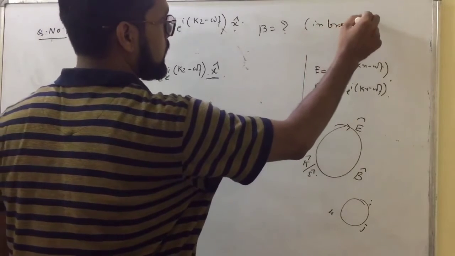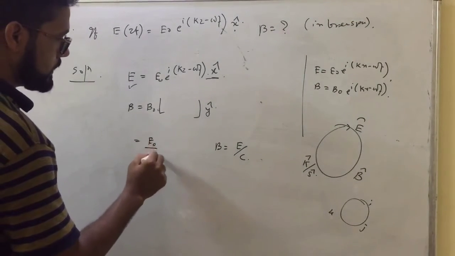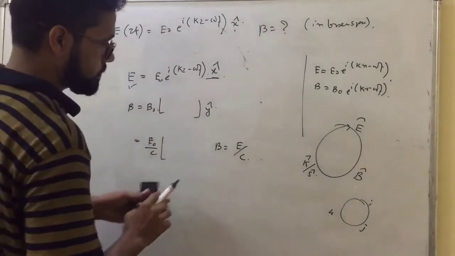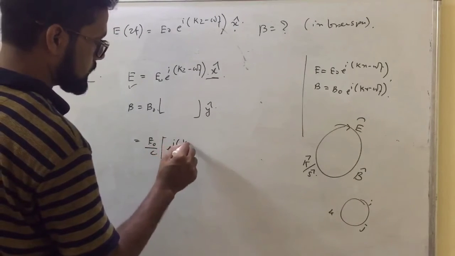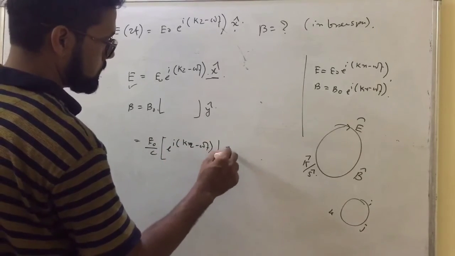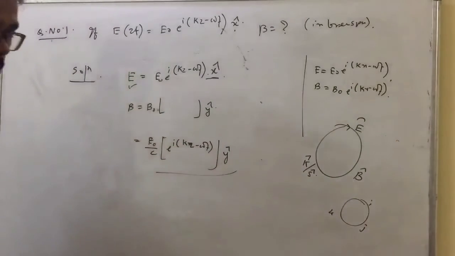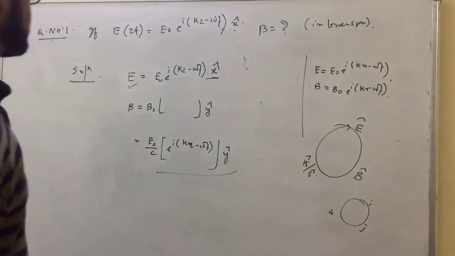Then I have to replace B naught by E naught by c. The exponential part remains the same, i(kz minus omega t), and this part will be y cap. This is the solution. This is how we have to find it.